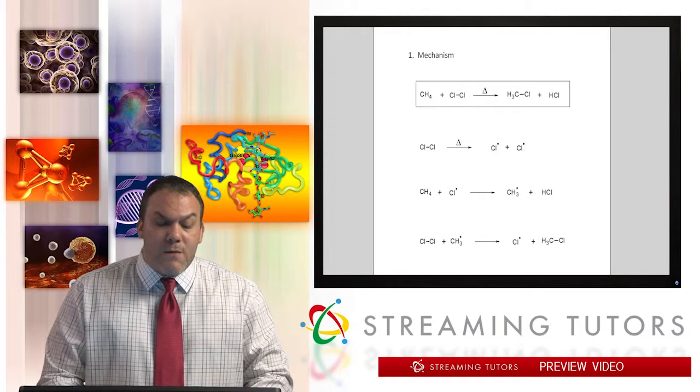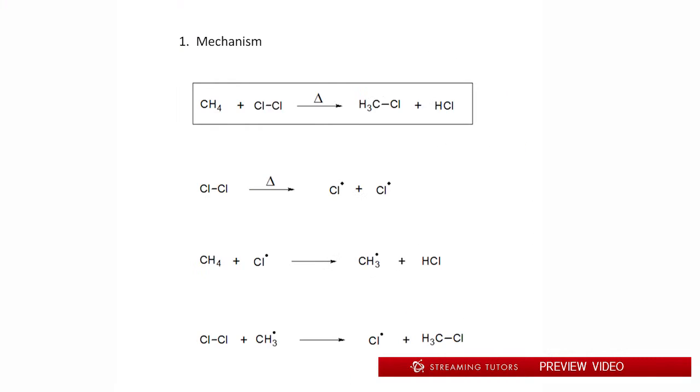So the first thing I want to talk about is the general mechanism. This is called a radical substitution reaction. The reason why is because, as we know from the general idea of a substitution, we're going to swap pieces out from two different molecules. We're going to substitute, right?